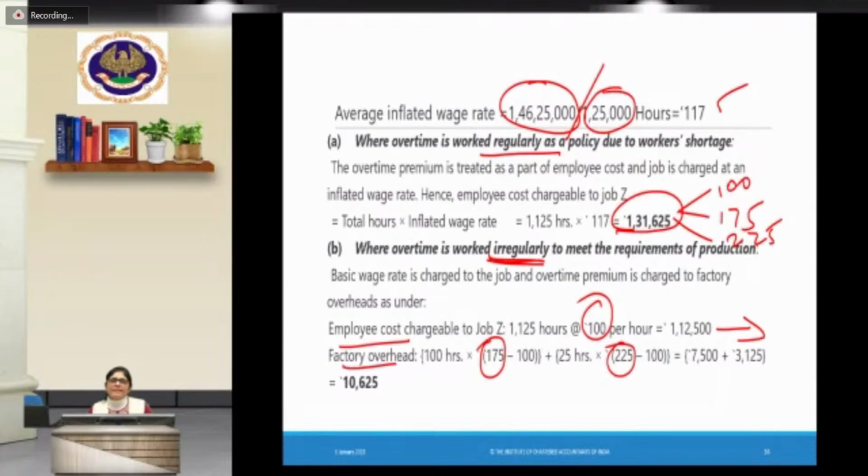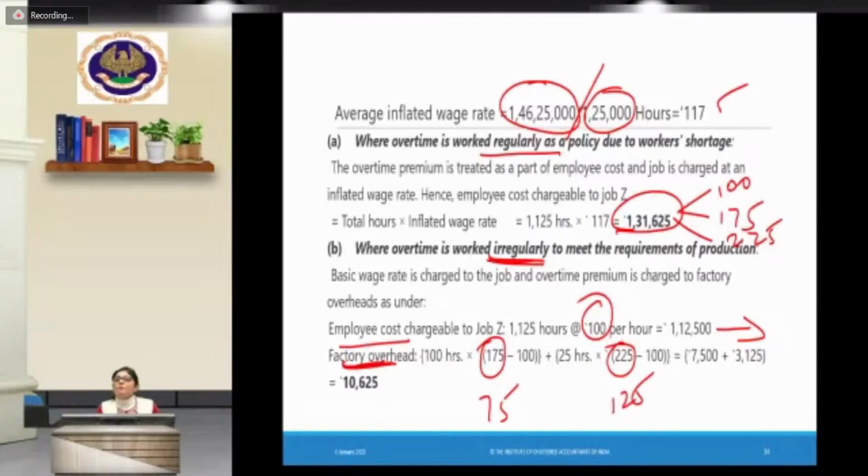That means the extra 75 and extra 125, the overtime premium, will be charged to the factory overhead, and the basic will be charged to the employee cost. The rest of the overtime will be charged as factory overhead of that particular department only.